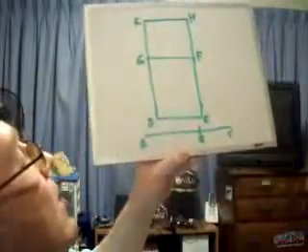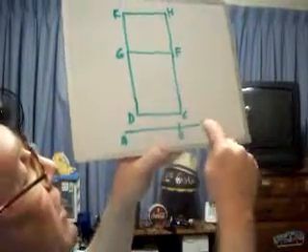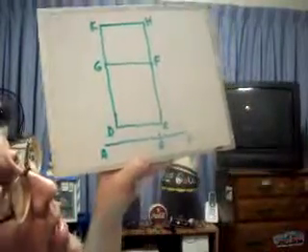Now, since the sum of the squares on AB and BC is medial, the area inside this square and the area inside this square added together are going to be medial. And that area, the area of AB and the area of BC added together, is going to be equal to DF.